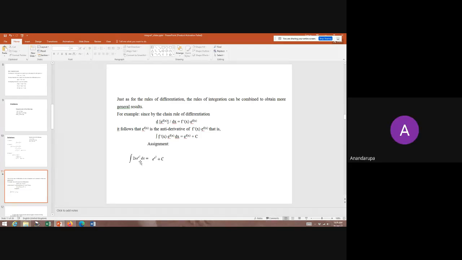Sir, 2x. So what is this? 2x. Yes, sir, it will cancel out. So it is in exactly this form. Here I have e and a function x square, and its derivative is f prime, this is the derivative of x square. Sir, e to the power x square. It's simply e to the power of fx, where fx is x square. Yes, sir. e to the power x square plus c.